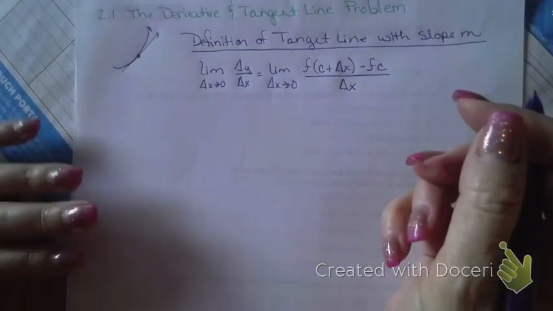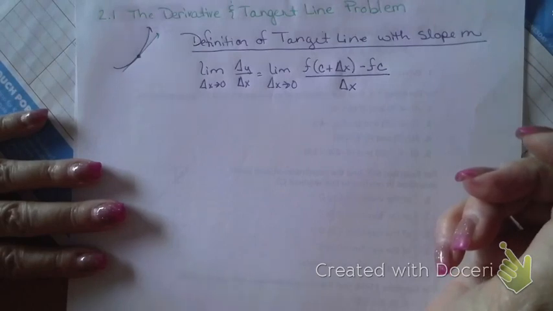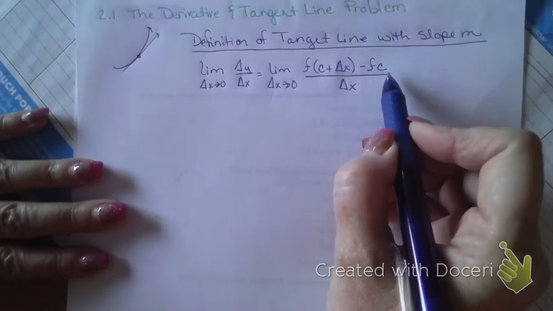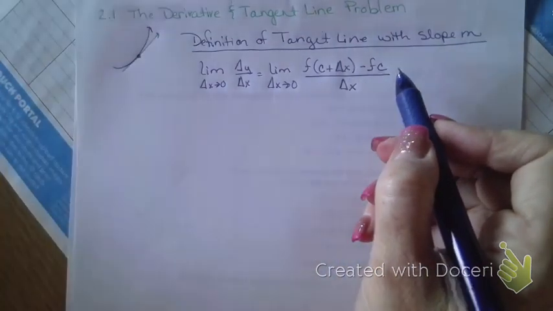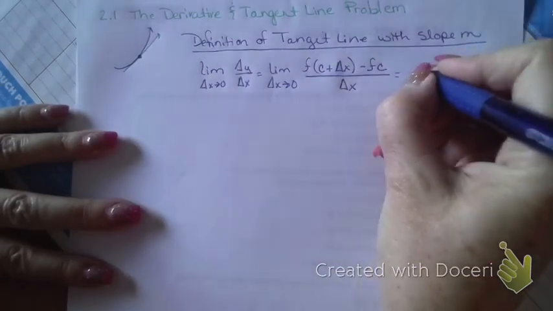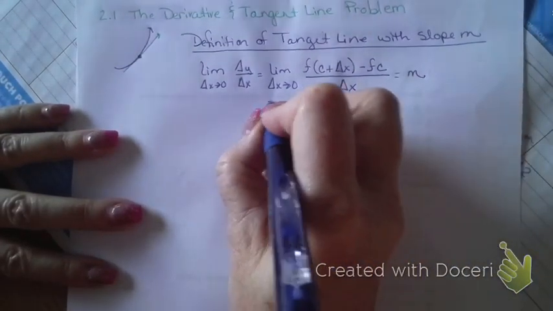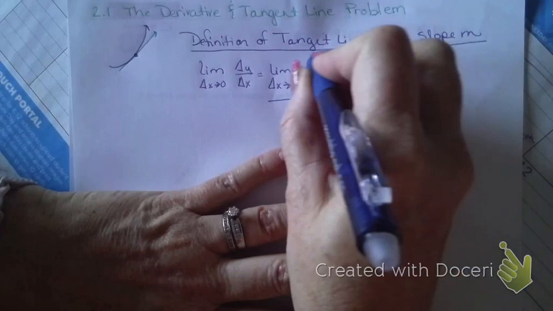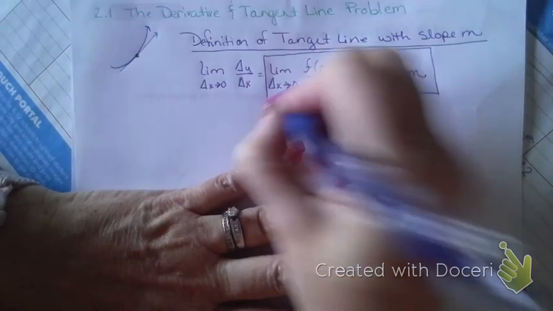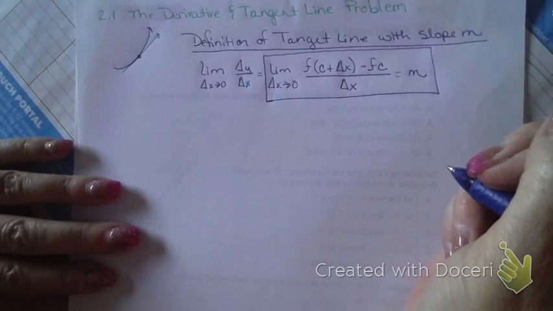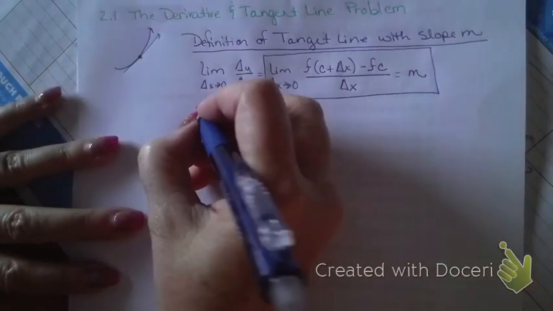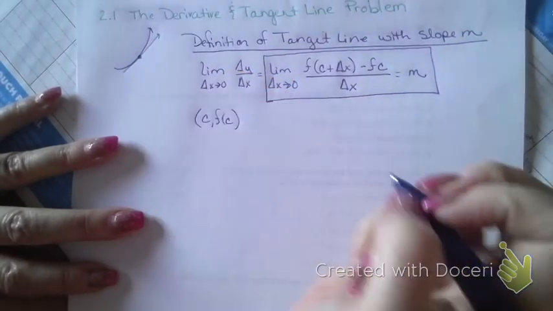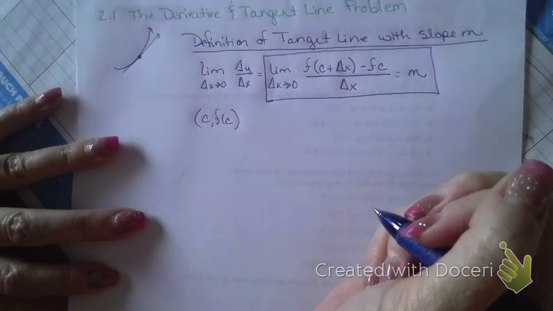Okay, so it reads: if f is defined on an open interval containing c. So that means c has to be in the interval we're looking at. And if the limit here, which equals m, exists, so this is your new slope formula, then the line passing through c, f of c with slope m is the tangent line.